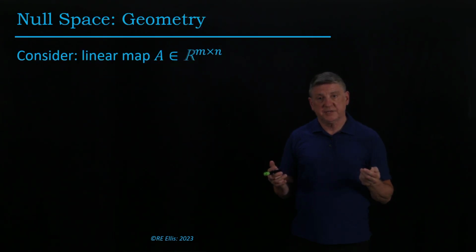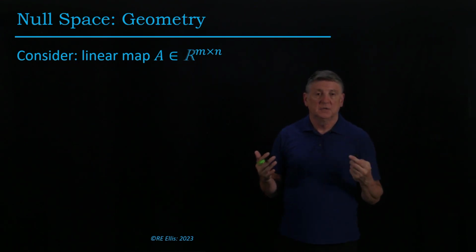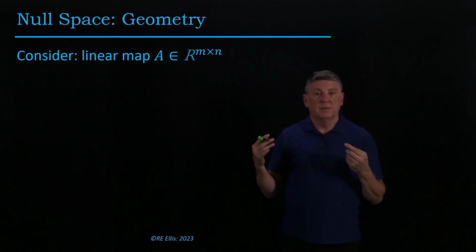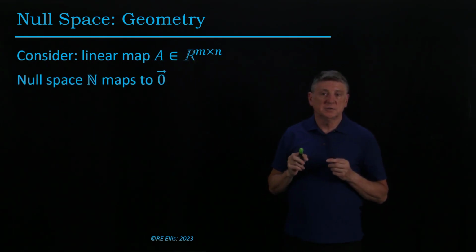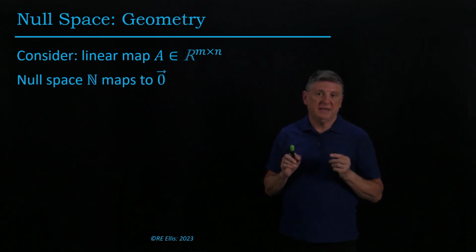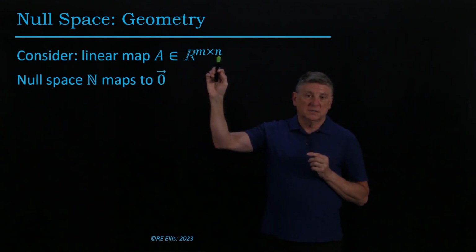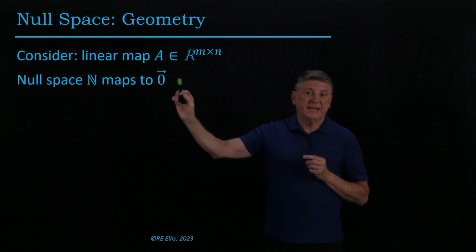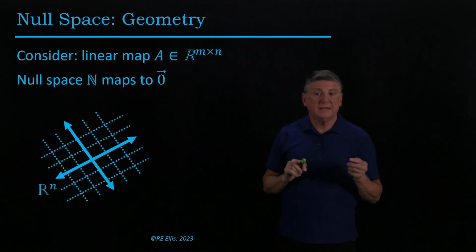What does this look like geometrically? Well, now let's think of the matrix as being a map. So it's a linear map from an n-dimensional space to an m-dimensional space. And the null space, that script N, is the set of all size n vectors that get mapped to a size m zero vector. So what that looks like is this.